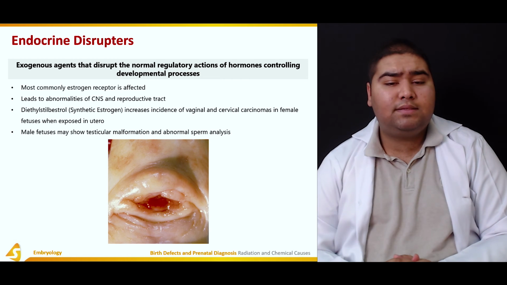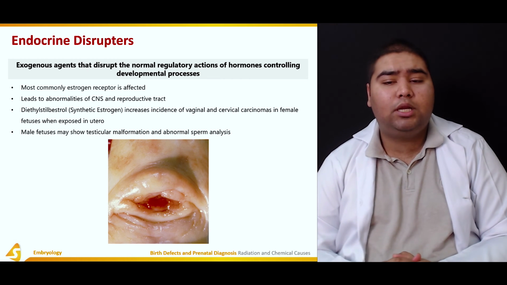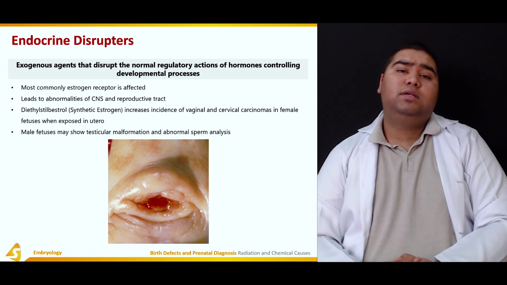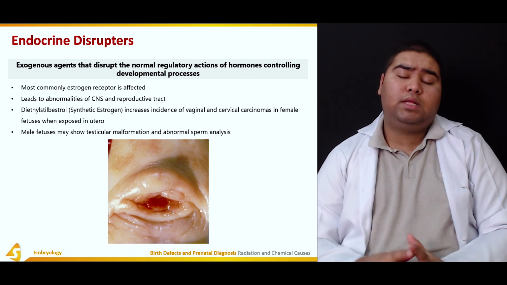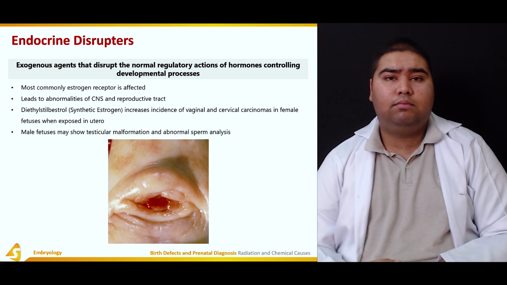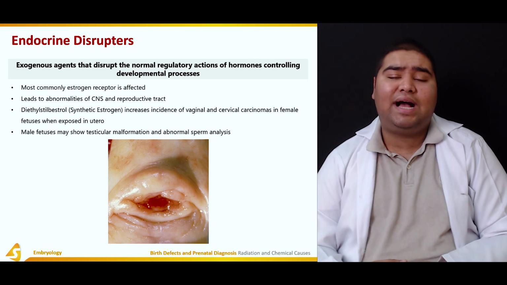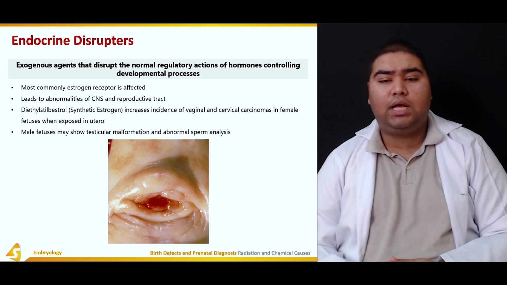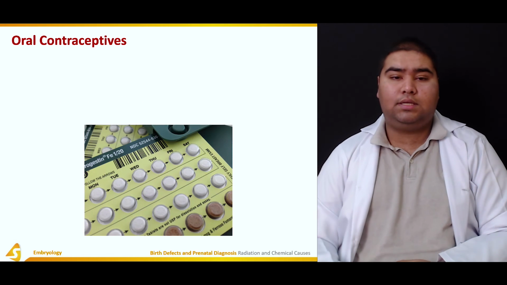So, male fetuses may show testicular malformation and abnormal sperm analysis. Obviously, that is because it is an opposite effect. That is a female hormone acting on the male body that may lead to testicular malformation and abnormal sperm analysis.